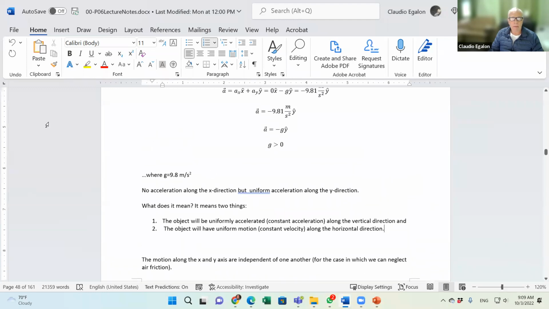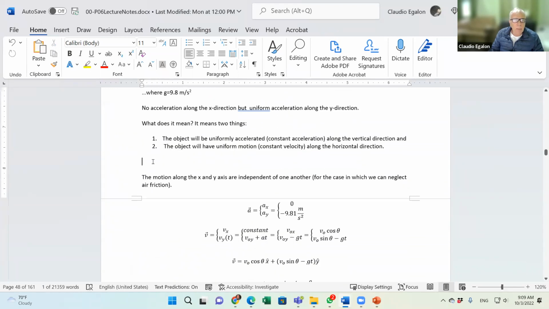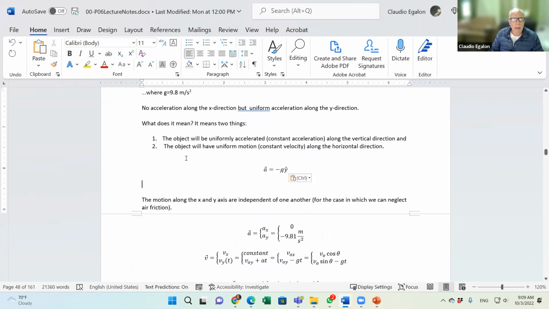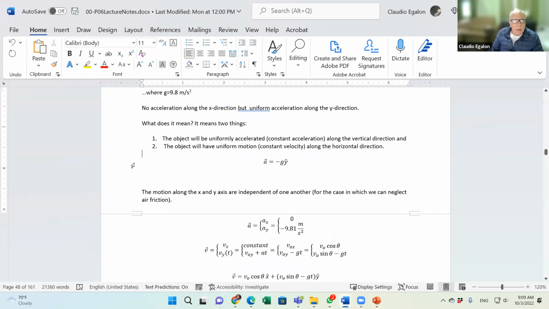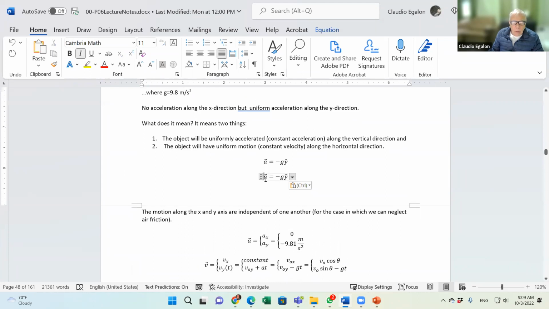And so here you go. Here's the acceleration of the object. The velocity vector, consequently, is going to be what?